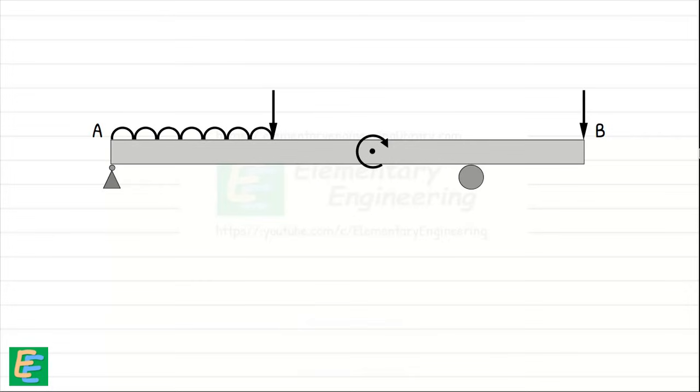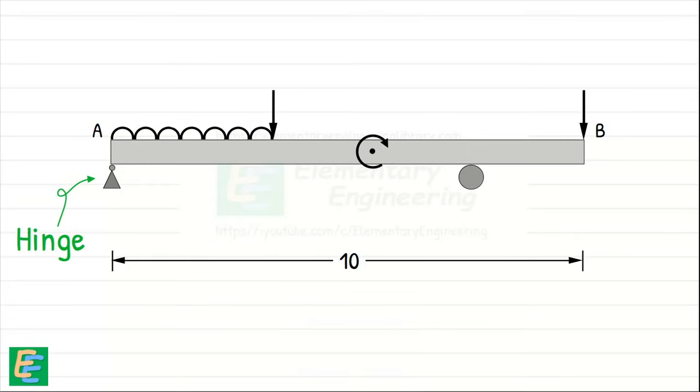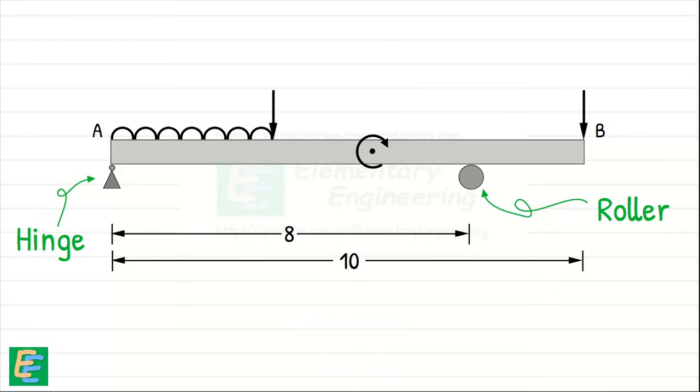Let's say the total length of the beam is 10 meters. It is supported by a pin at the left end and by a roller support located 8 meters from the left. This leaves a 2-meter overhang on the right side. A uniformly distributed load of 2 kN per meter acts from x equal to 0 to x equal to 4 meters.